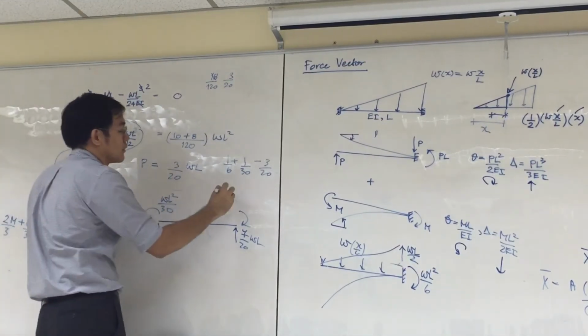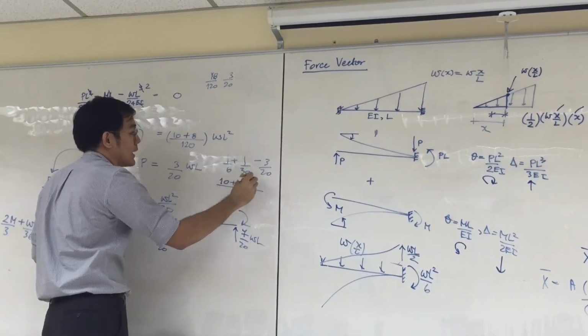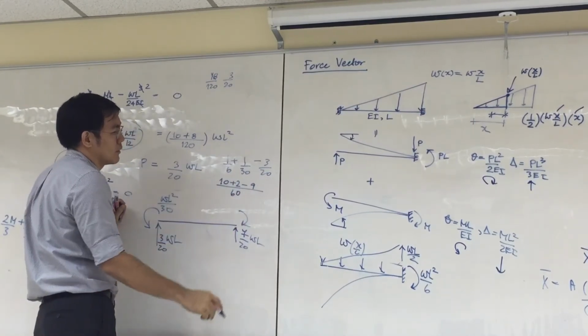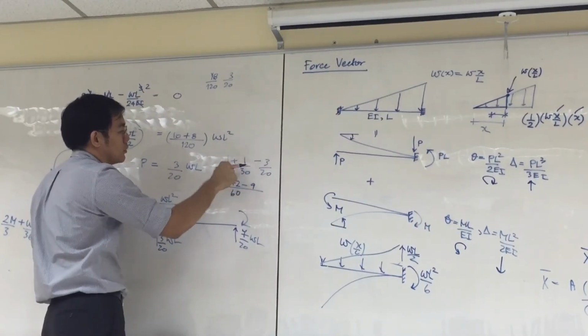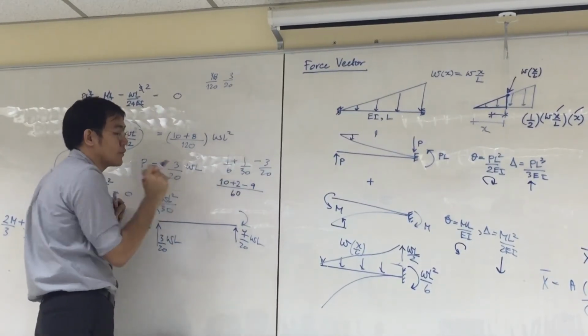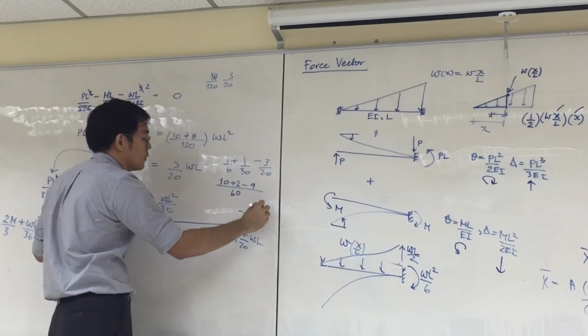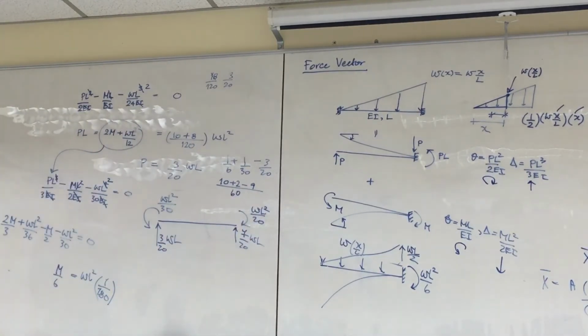Let's make it 60: 10 plus 2 minus 9. 12 minus 9, you get 3 over 60. WL square over 20. So you now get the fixed end reactions accordingly.